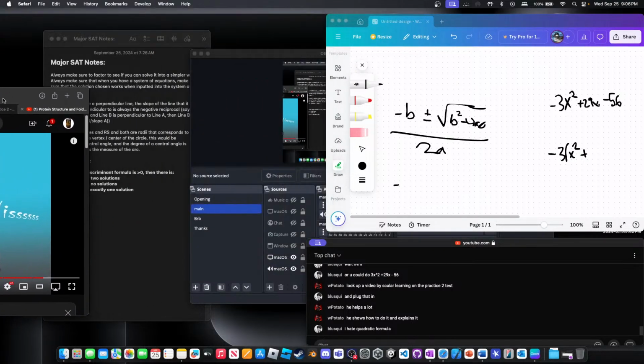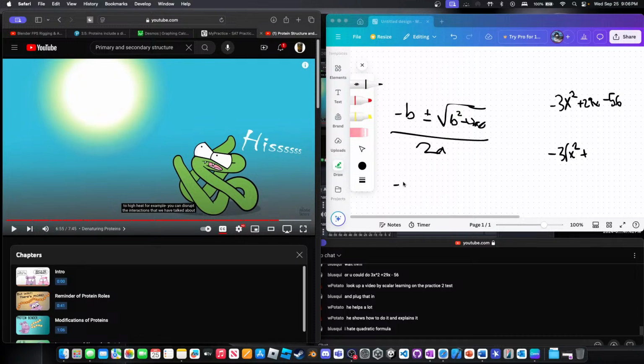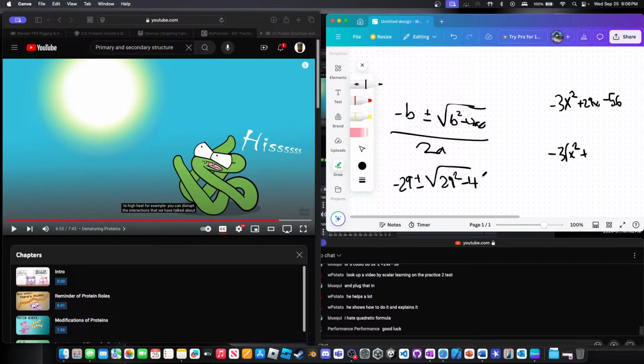Let's put this on the side. So negative 29 plus minus square root of 29 squared. Make sure that this is absolutely pinpoint accurate for negative 3 times negative 56. And square root.